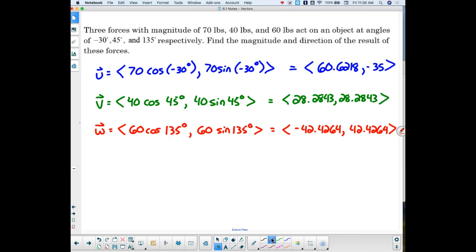So what's the result going to be? What am I going to do with my three forces? I'm going to add them all up together. Okay.